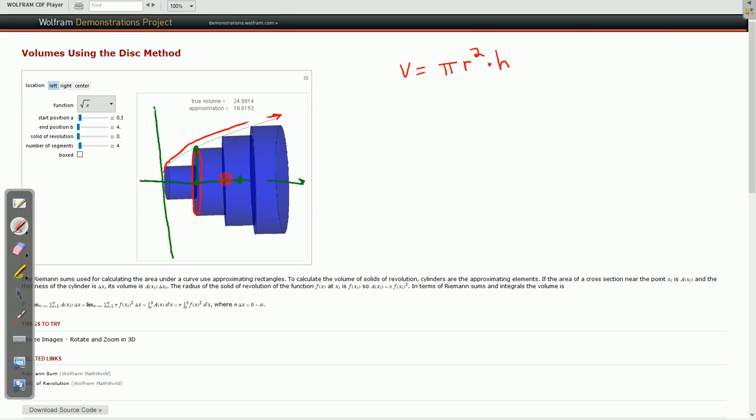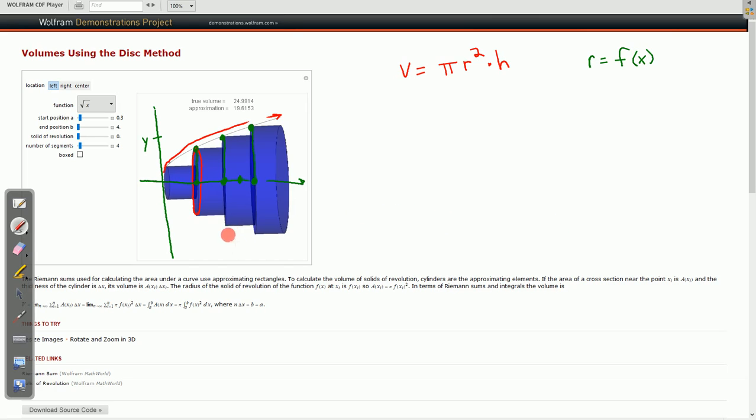The better place to see it is from here to here, and then the largest cylinder from here to there. So what is that distance? Well, that is simply the y value of the function. The distance from the x-axis to the function is simply the y value. And so our radius is just the y value of the function, f of x.